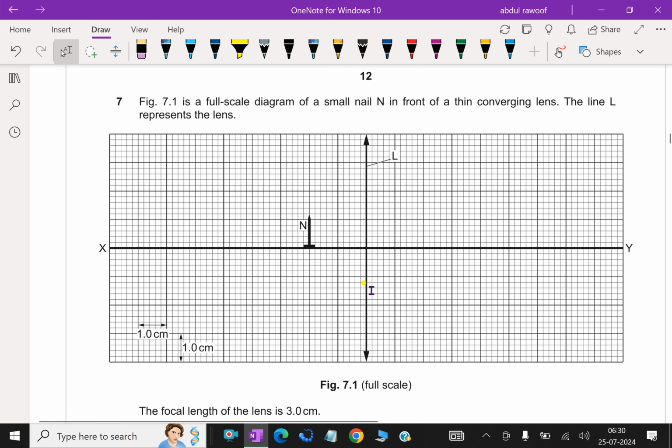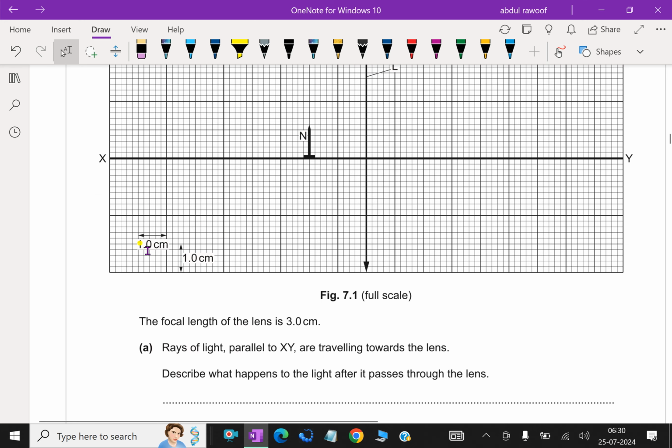Next question. In the figure, it is a full-scale diagram of a small nail in front of a thin converging lens. The line L represents the lens. Now, look here, this is the scale, this is 1 centimeter.